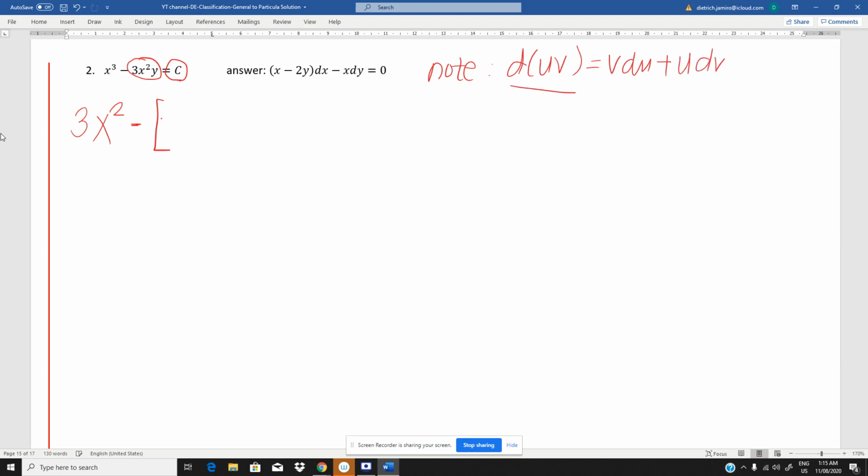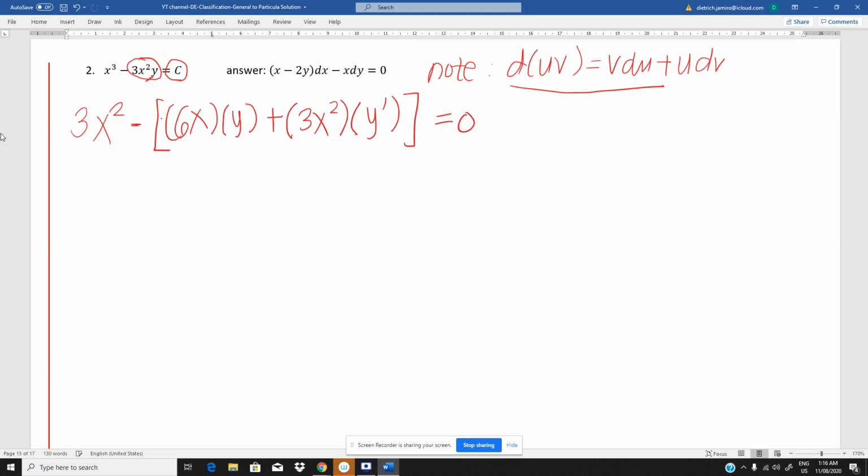So we take the derivative of 3x squared, which is 6x, multiplied by y, plus, and then copy the 3x squared multiplied by the derivative of y, which is y prime. The quantity is equal to 0.